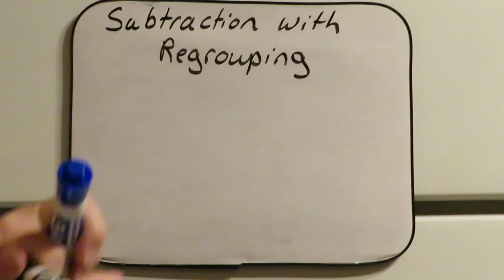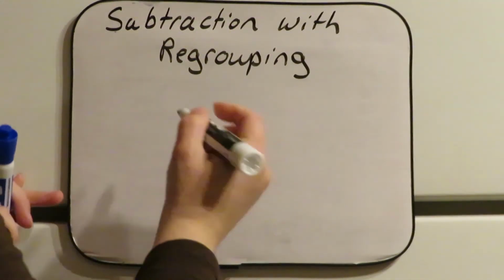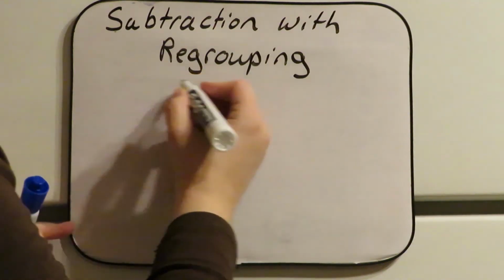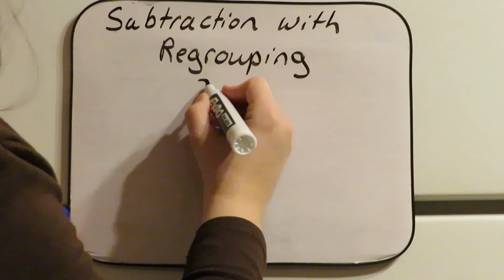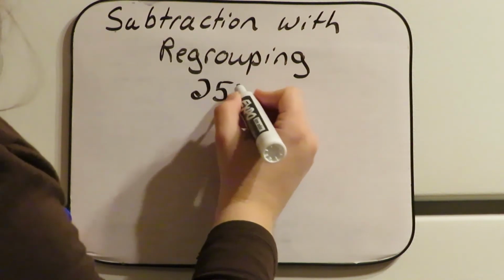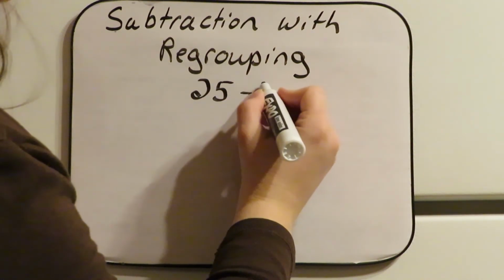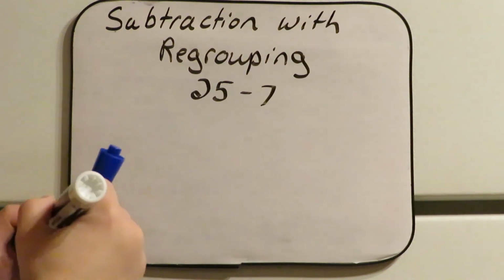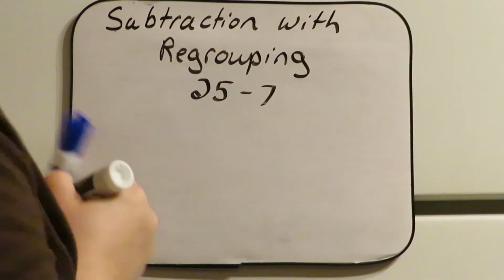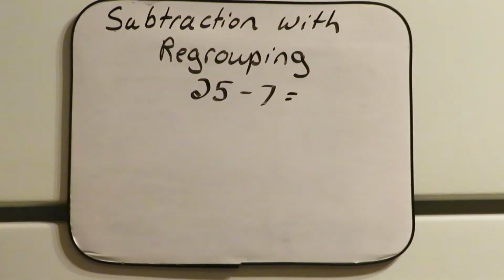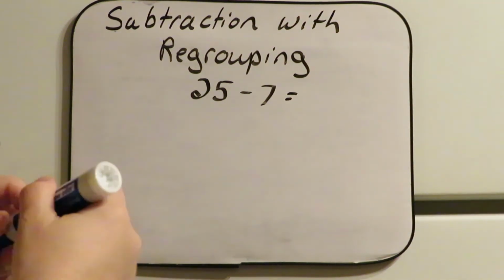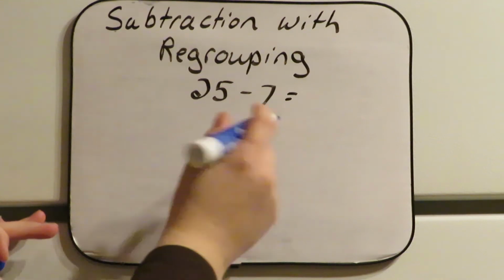Now we're going to try subtraction with regrouping. We start with a subtraction problem like 25 minus 7. What do we do? To try the regrouping approach, first we draw this number.